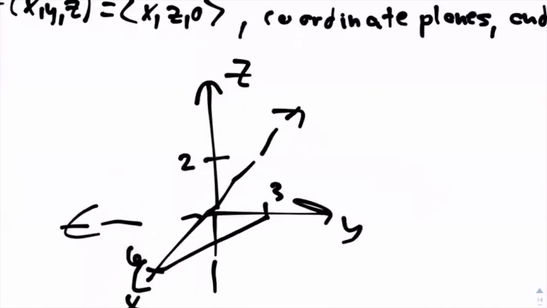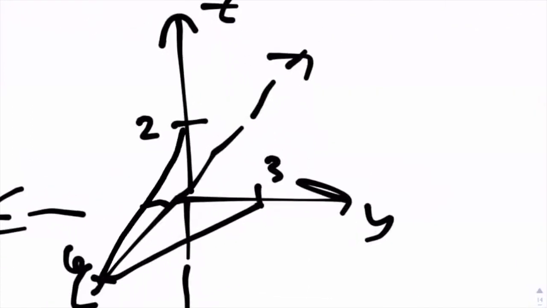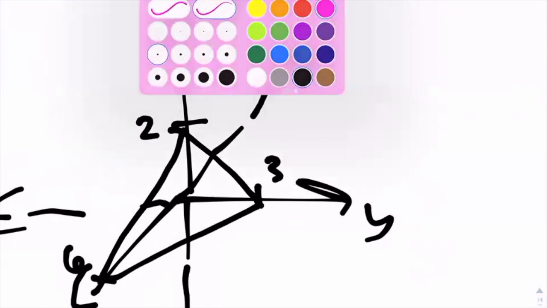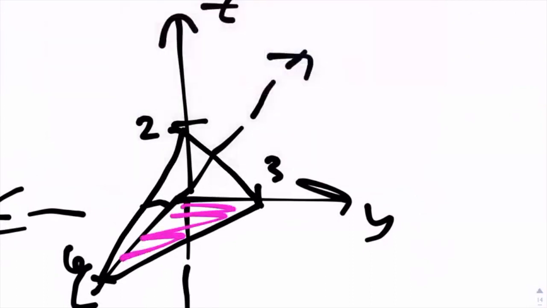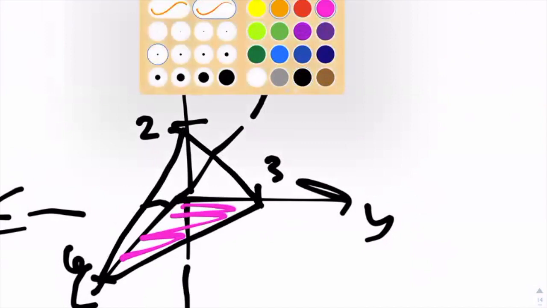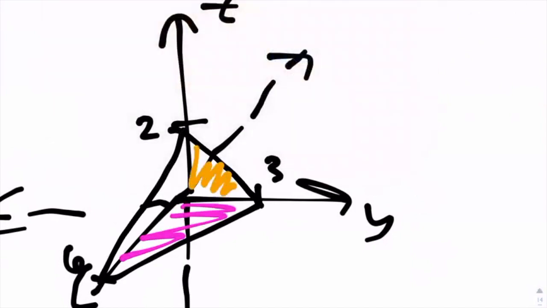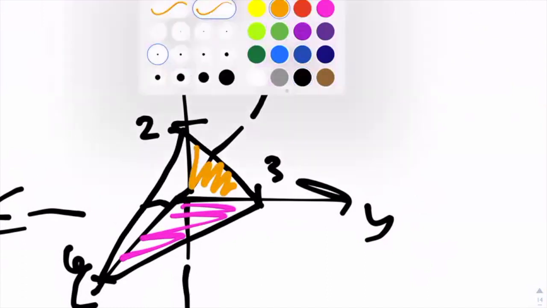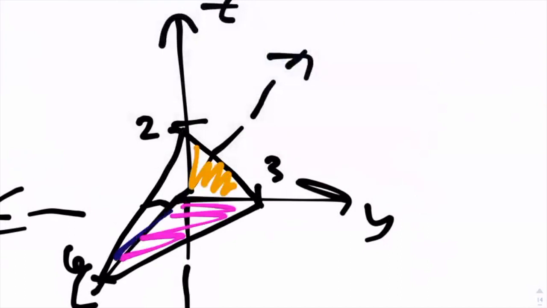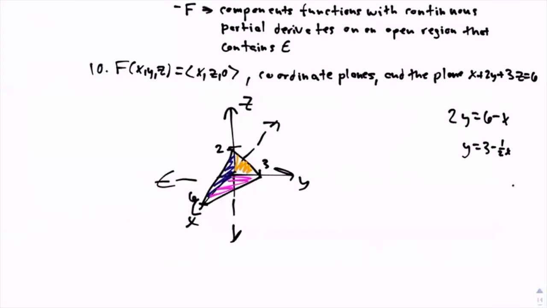If we do that for the rest of the coordinate planes as well, we see that we get a tetrahedron like that, bounded below by the xy plane, to the side by the zy plane, and finally to the left by the xz plane.